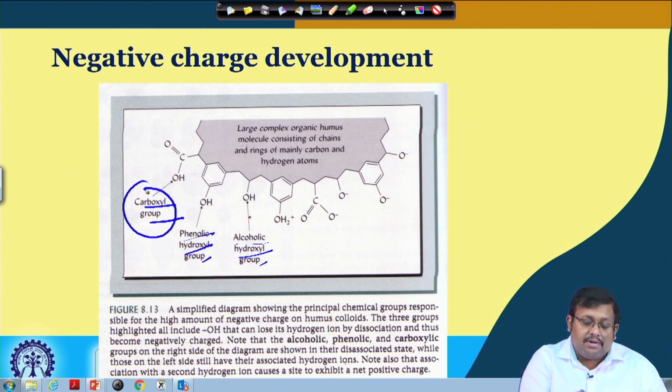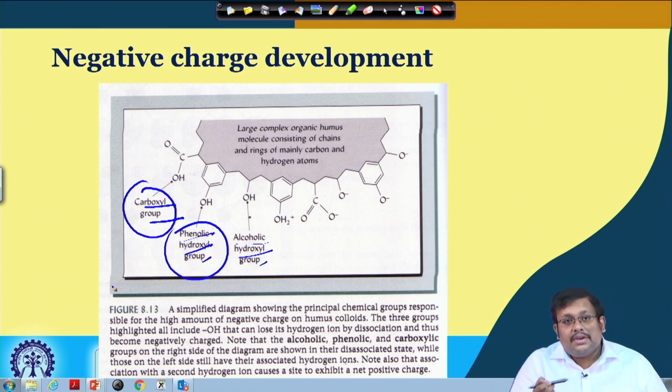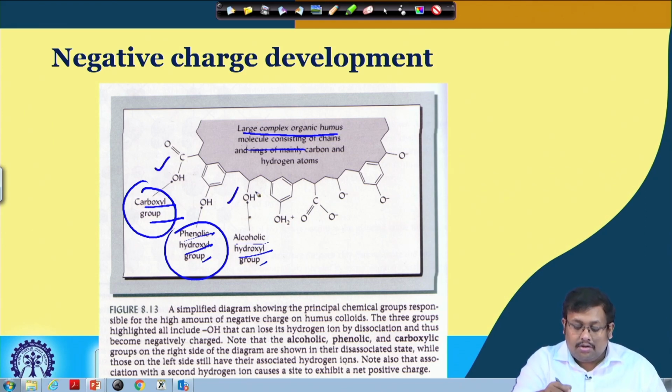Among these, carboxyl groups and phenolic hydroxyl groups are more prevalent. You can see that this is basically a large complex organic humus molecule consisting of chains and rings of mainly carbon and hydrogen atoms, and this is basically a simplified diagram showing different types of chemical groups which are responsible for a high amount of negative charge.